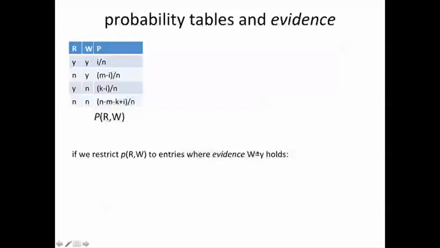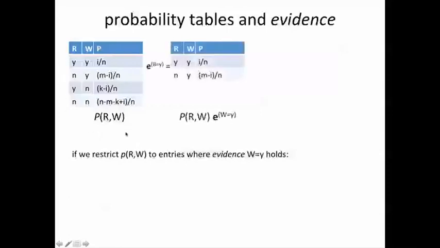So W equals yes. We need to restrict this table to only those entries where W equals yes. So essentially we're saying let's drop all the entries where W equals no and restrict it to W equals yes, and that's this restriction operator, which is called the application of evidence to this potential.